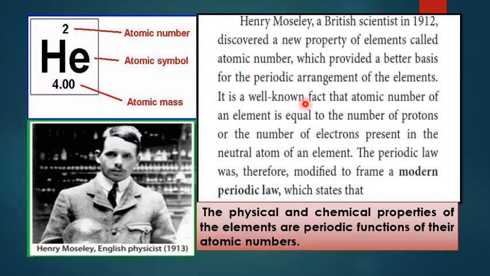It is a well-known fact that the atomic number of an element is equal to the number of protons or the number of electrons present in the neutral atom of an element.